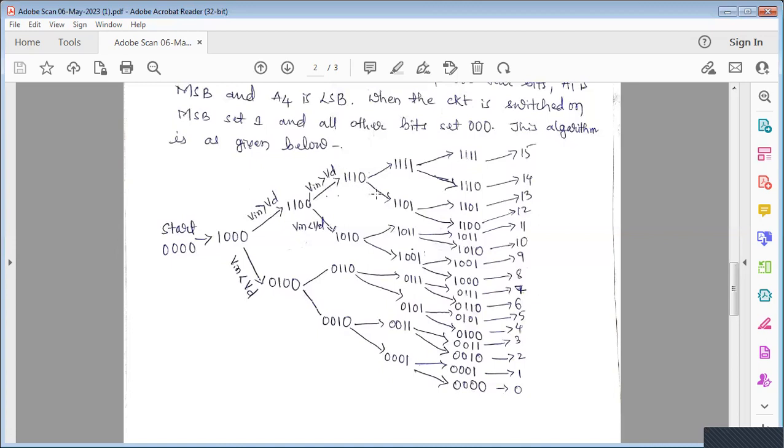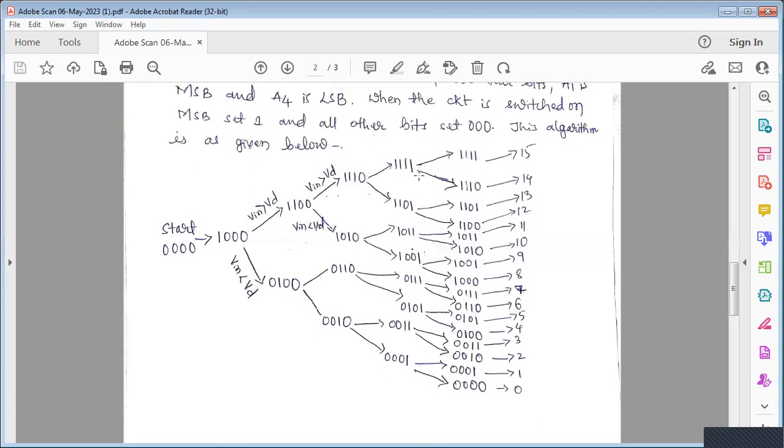Which bit is reset? The just earlier bit is reset, not the two earlier bit. So this is the earlier bit, which was set here, so that is reset. And set the next bit, which is the last bit, or LSB, so that is to be set. So it becomes 1 in this way.